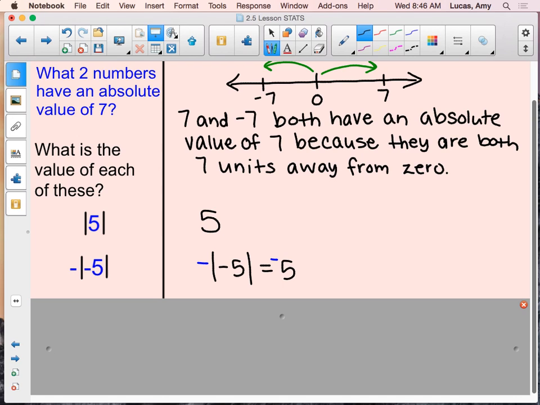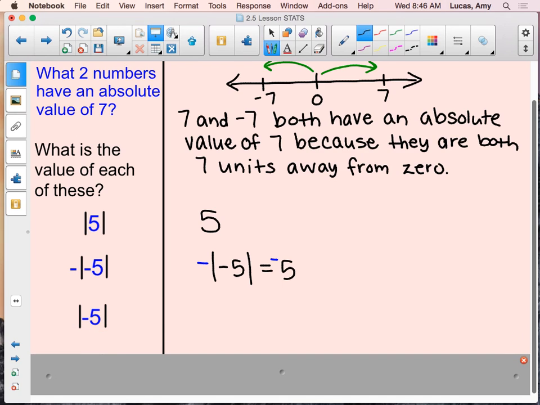You can't measure a distance and get a negative number. So the absolute value of 5 is 5. The absolute value of -5 is also 5. But the negative out in front of the absolute value bars, you can think about that one as meaning the opposite of. So you put that one on at the end, and it turns your answer into a negative.